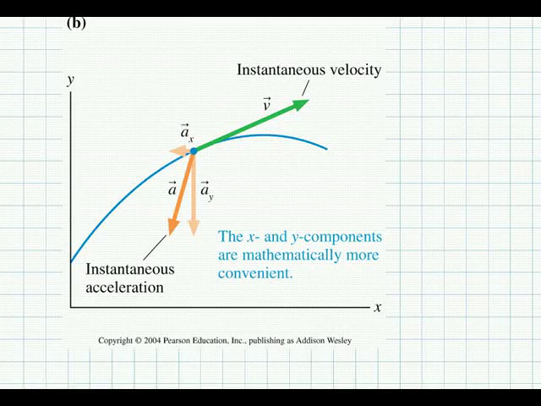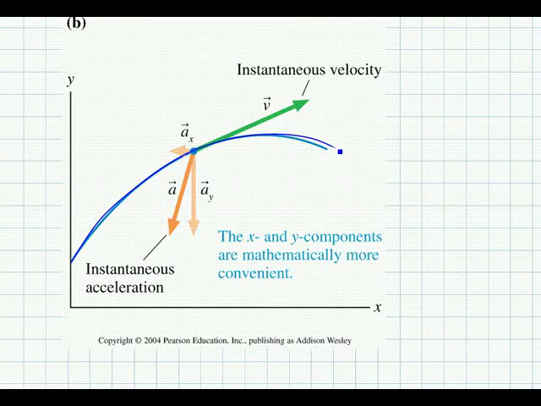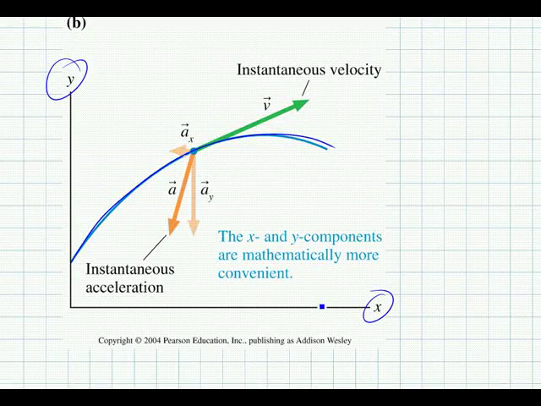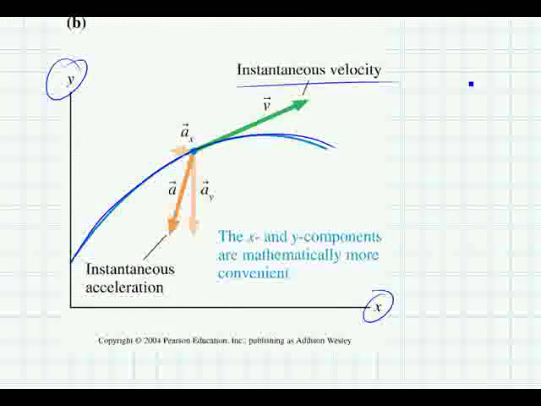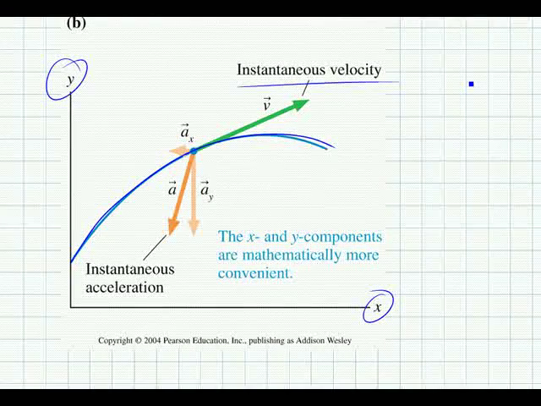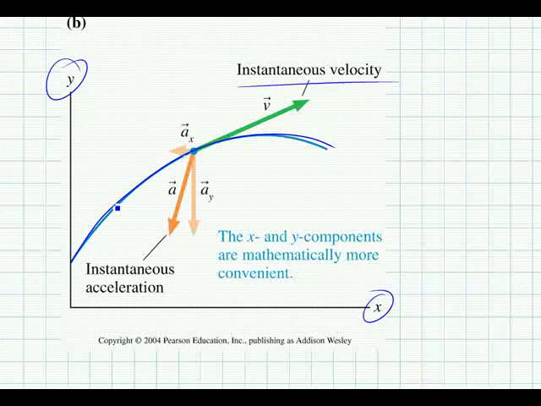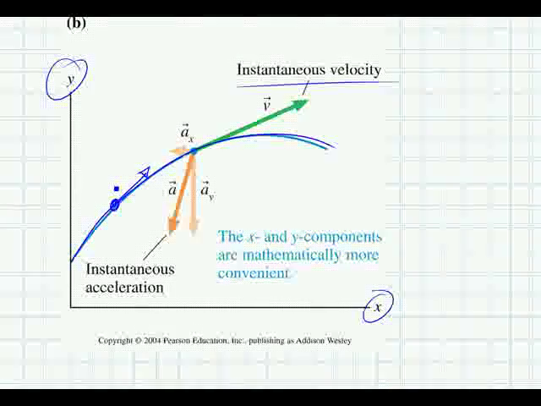Now, the trajectory plot here, the blue line, is the trajectory plot of an object moving on the xy plane. Now the instantaneous velocity vector, this green vector here, is always tangent to the trajectory plot. So that's a useful piece of information to bear in mind. So the velocity vector for the object at any point is tangent to the trajectory plot of the object.